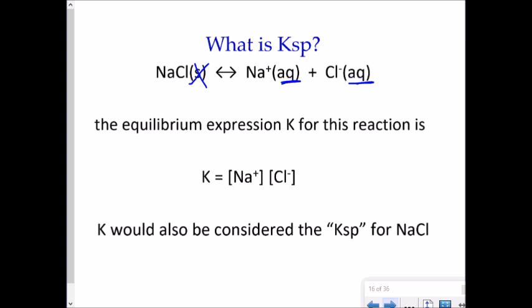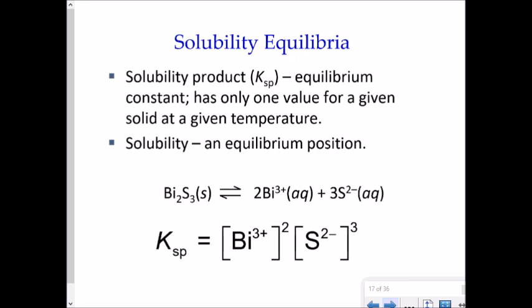So let's look at the example here for the next one. We're not going to include it. Remember, solids and liquids, we don't include them because their concentrations don't change. So here is an example of the bismuth sulfide dissolving. Sulfides are on the insoluble side of the chart, so at a given temperature, we would write out our Ksp expression only including the ions.